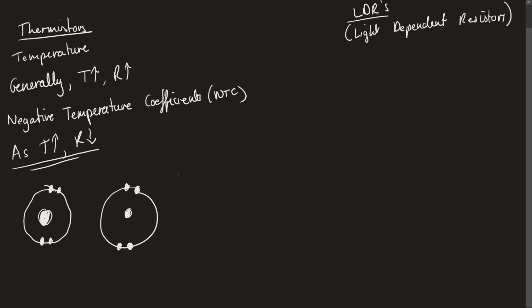But as the temperature increases, what we're doing is increasing the energy of these atoms. Now they could just gain kinetic energy and start to vibrate, but the electrons in these valence shells, and by a valence shell I just mean the outermost shell, could also absorb some of that thermal energy.